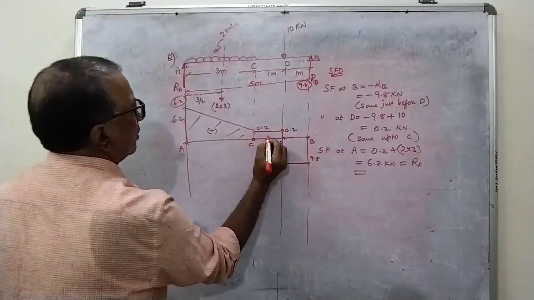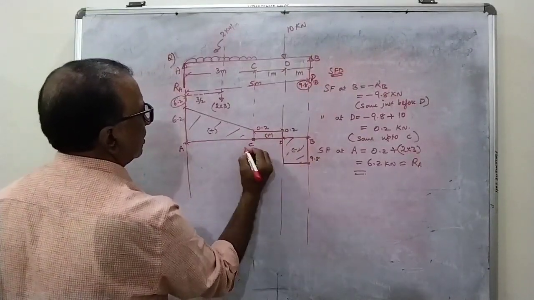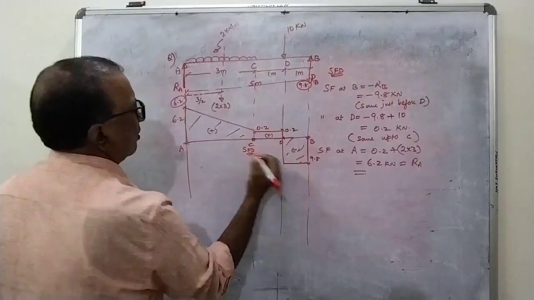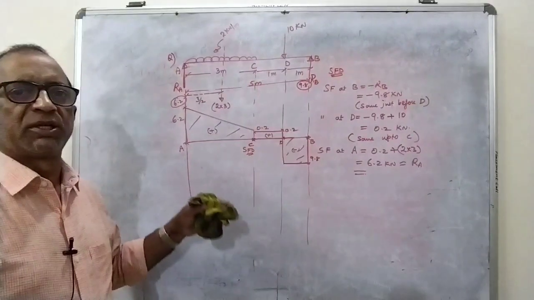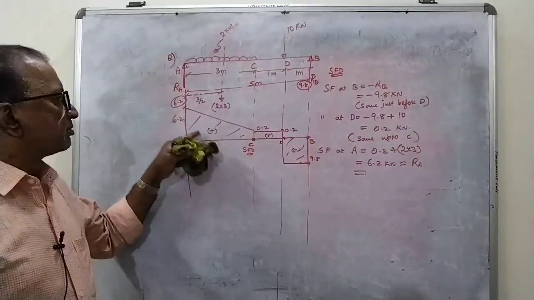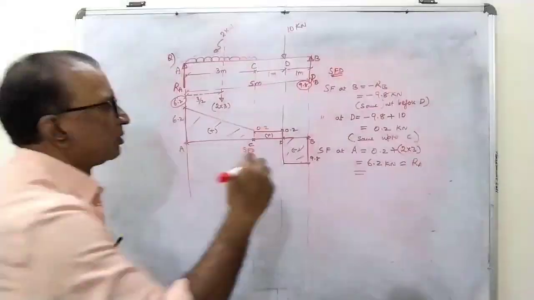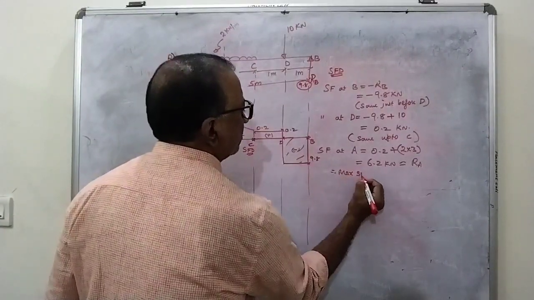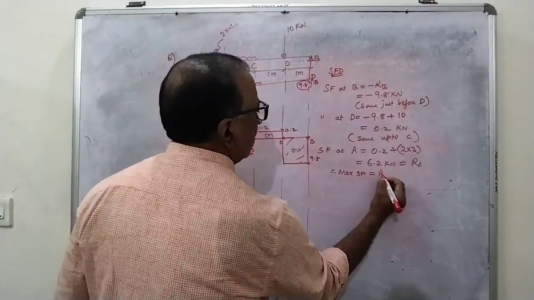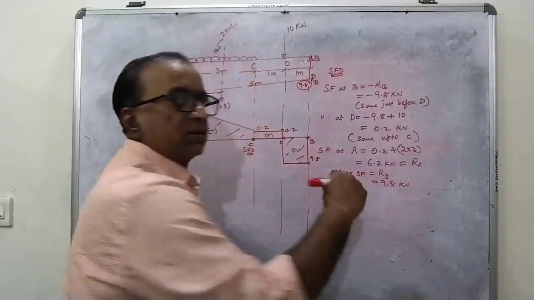So, this is the shape of the shear force diagram. Once again, from the shear force diagram, it is maximum at point B, already I told you. So therefore, maximum shear force is equal to RB, that is equal to 9.8 kilonewtons.